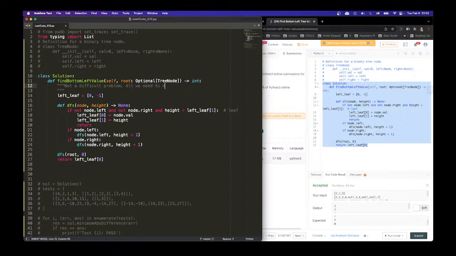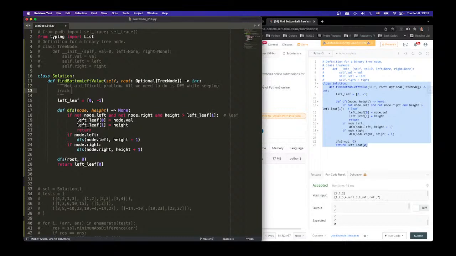All we need to do is DFS, right? DFS while keeping track of the height.